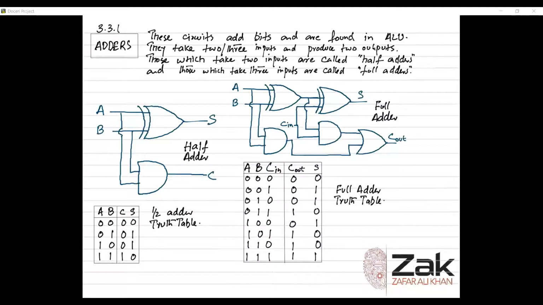A exclusive-OR B. The input for one double zero one.